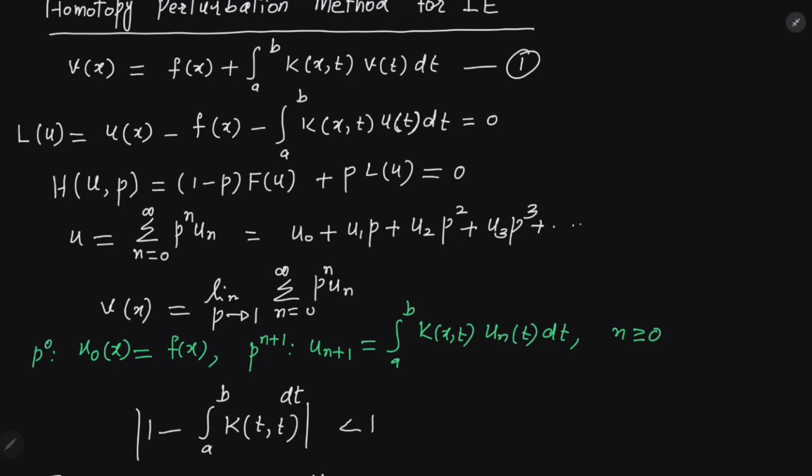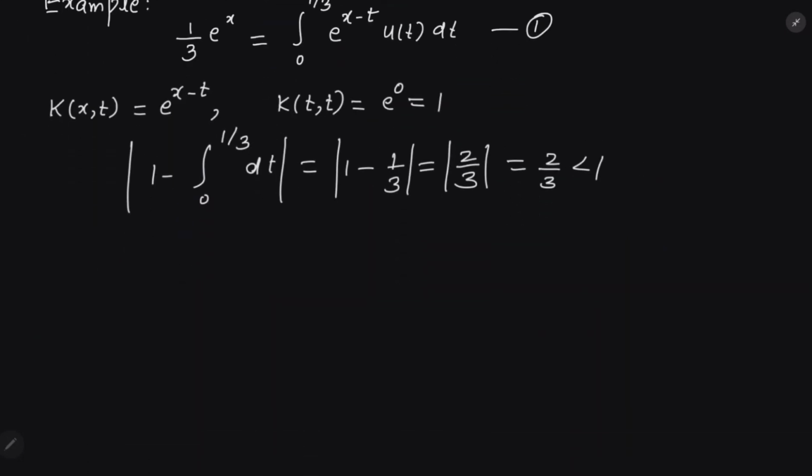The question is how to define u naught and how can we define u1. From the theory, we can define u naught of x is equal to 0 and u1 of x is 1 by 3 e raised to power x.